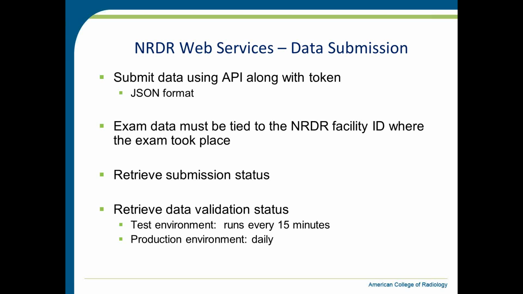Once you submit the data, you will use our method to retrieve the validation statuses. In production, we run the validation daily, so you would use the method the day after to retrieve the status to find out whether a transaction was submitted successfully.